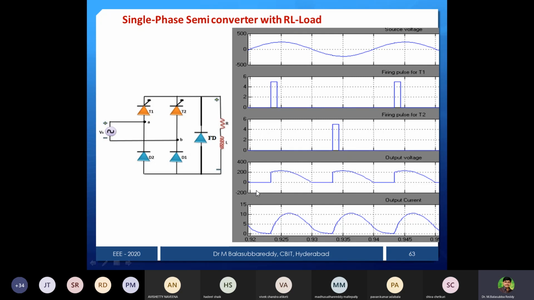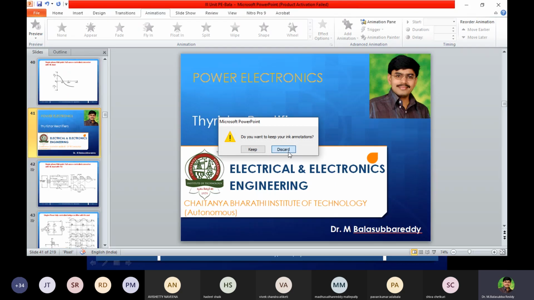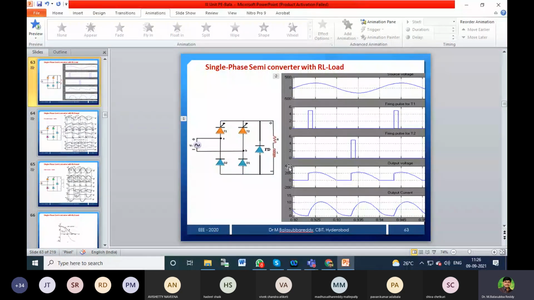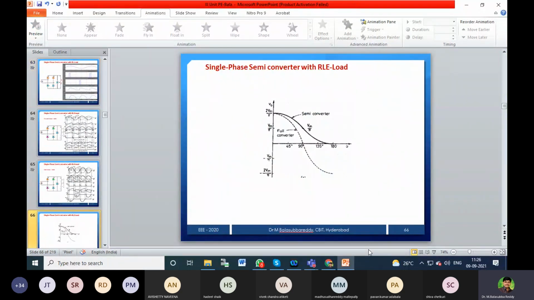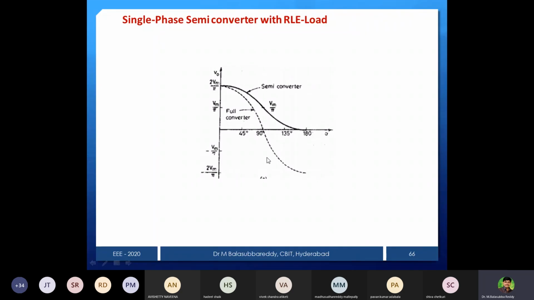So now we'll stop today's class. You can compare this waveform: because of the full controlled rectifier, positive and negative are obtained, but the semi controlled rectifier will give only positive voltage, because it is Vm by pi into (1 plus cos alpha).